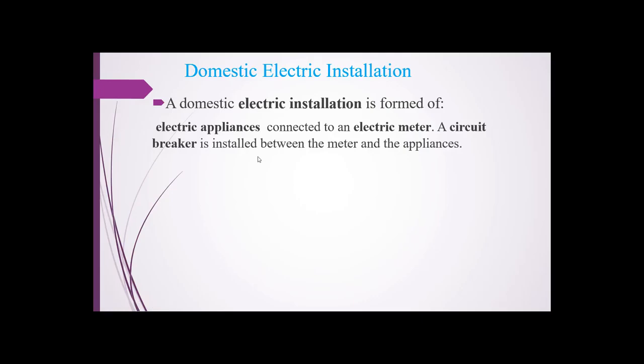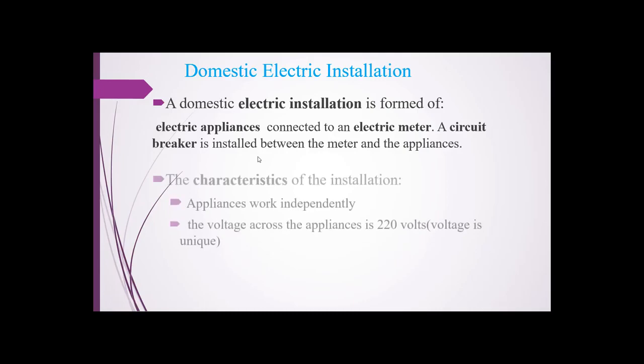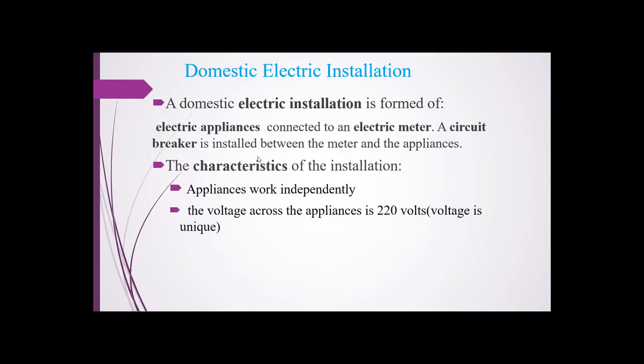And since these appliances are connected in parallel in a domestic electric installation, then the characteristics of this installation will be that appliances work independently. This means that if one appliance stops working accidentally, the other appliances will continue working normally. And according to the law of uniqueness of voltage, the voltage across the appliances will be the same, which is 220 volts.